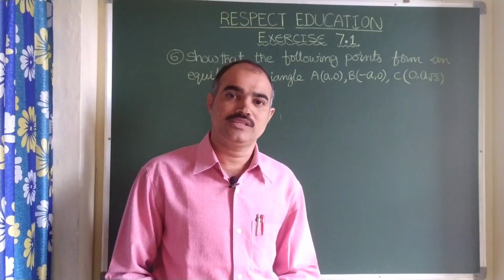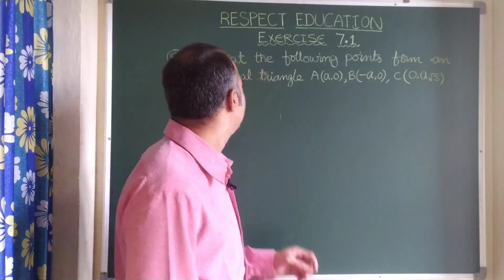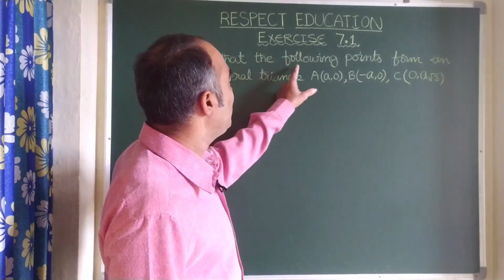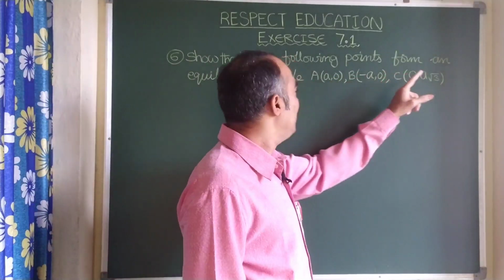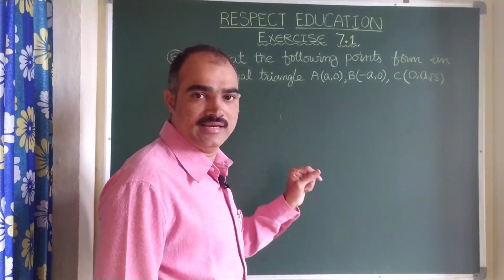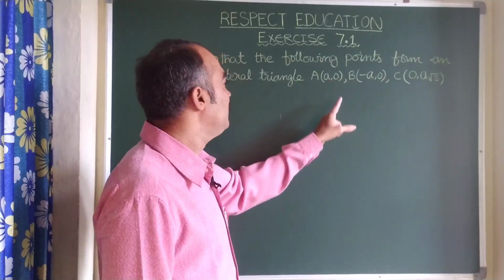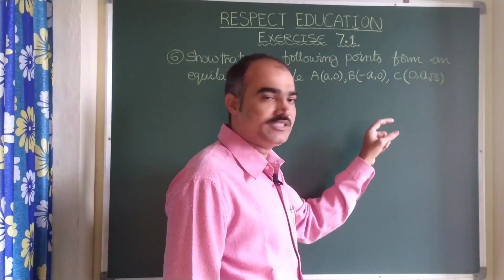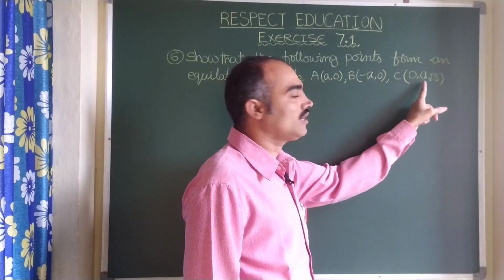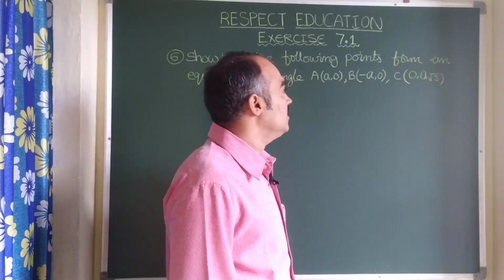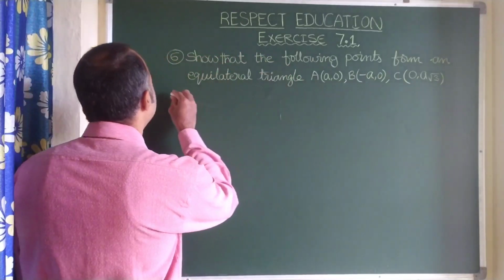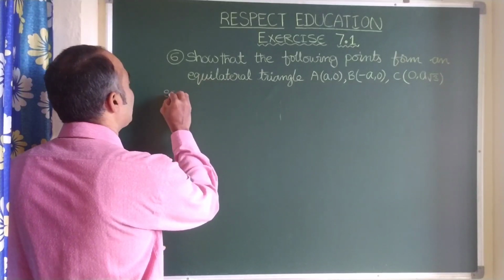Now let us see the next question, question number 6. Show that the following points form an equilateral triangle. The given points are A (a, 0), B (minus a, 0), C (0, a root 3). So what is the rule to form an equilateral triangle?